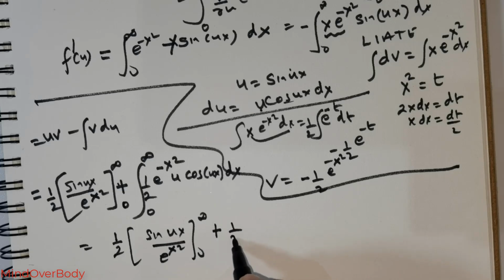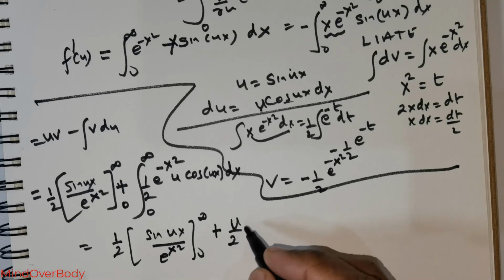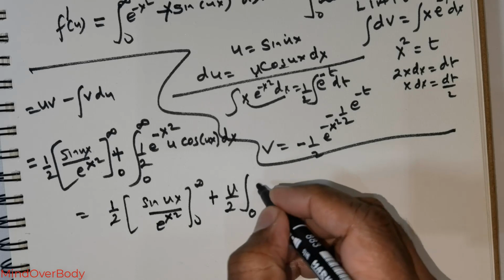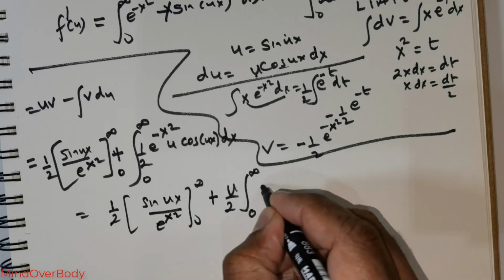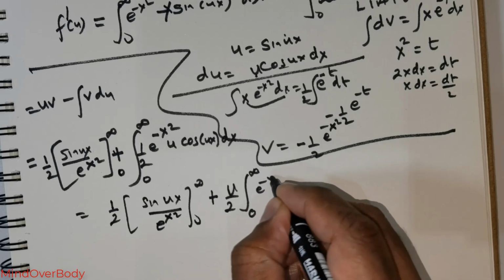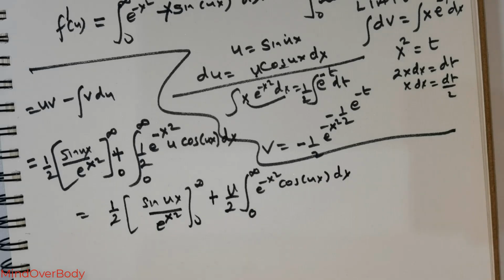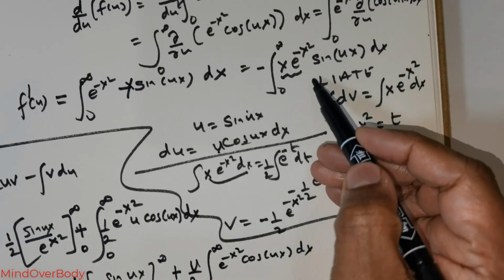Positive 1 over 2. I got a u, so let me write that as u over 2, and then I got the integral from 0 to infinity of e raised to the power of negative x squared times cos of ux times dx. Now on the left hand side, what do we have?